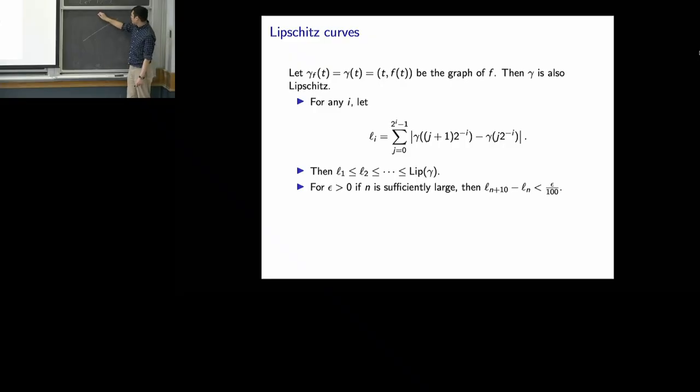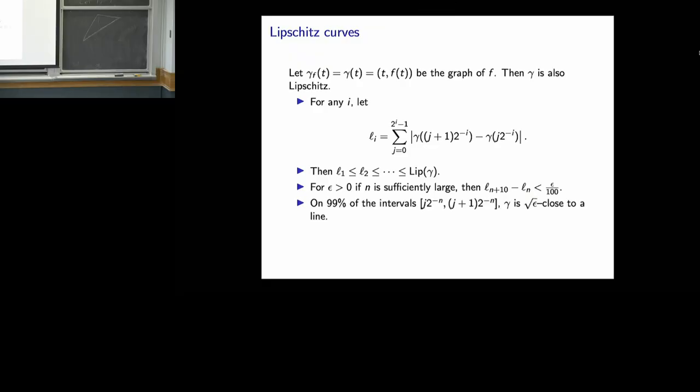Because if there's some point in the subdivision that's way out here, then the subdivision at best goes like this, and the length of that subdivision is going to be a substantial chunk bigger than the length of what you started with. And so, if n is sufficiently large, then the n plus 10th subdivision is really close to the nth subdivision.